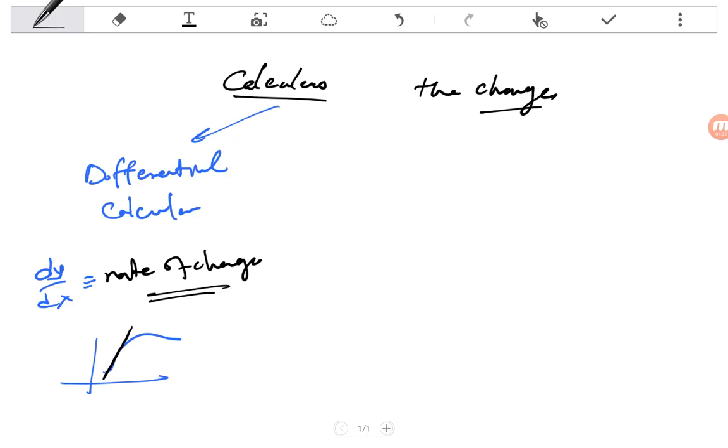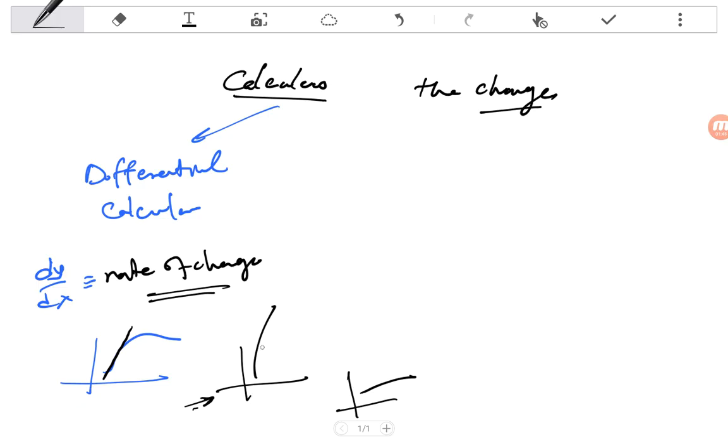It calculates the rate itself. Does it change quickly like this, or does it change slowly like this? For this function, for example, we have a slow rate of change. That's why dy by dx in this case will be a low value.